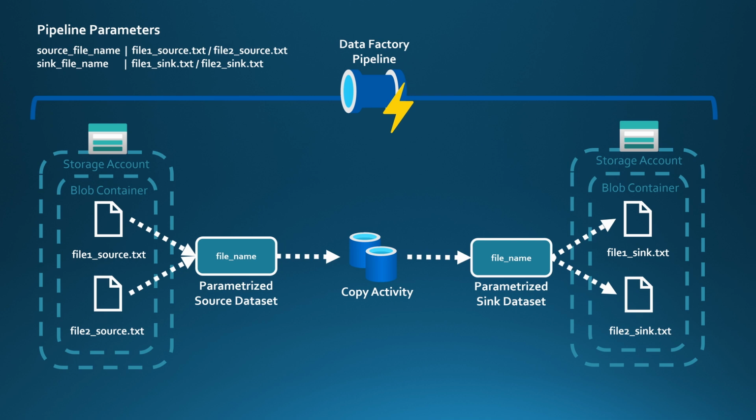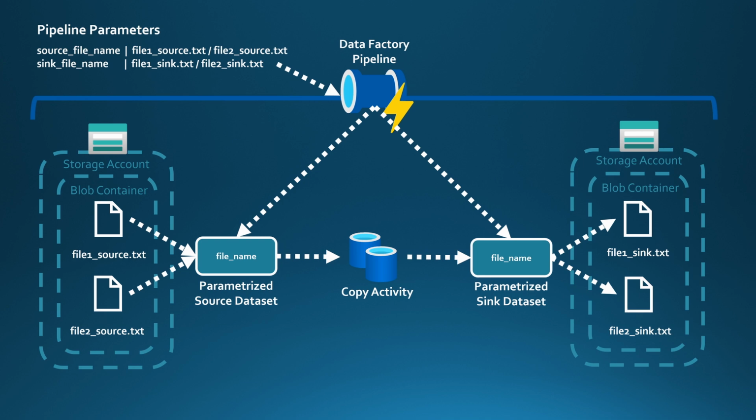Now we can pass these parameters down to our pipeline, and from the pipeline we can pass these down to our copy activity and to the datasets. And now we can dynamically change the file that will be used as a source and the file that is used as a sink. And this way we can significantly reduce the amount of Data Factory objects like datasets that we have to create, and also the activities that we have to use.